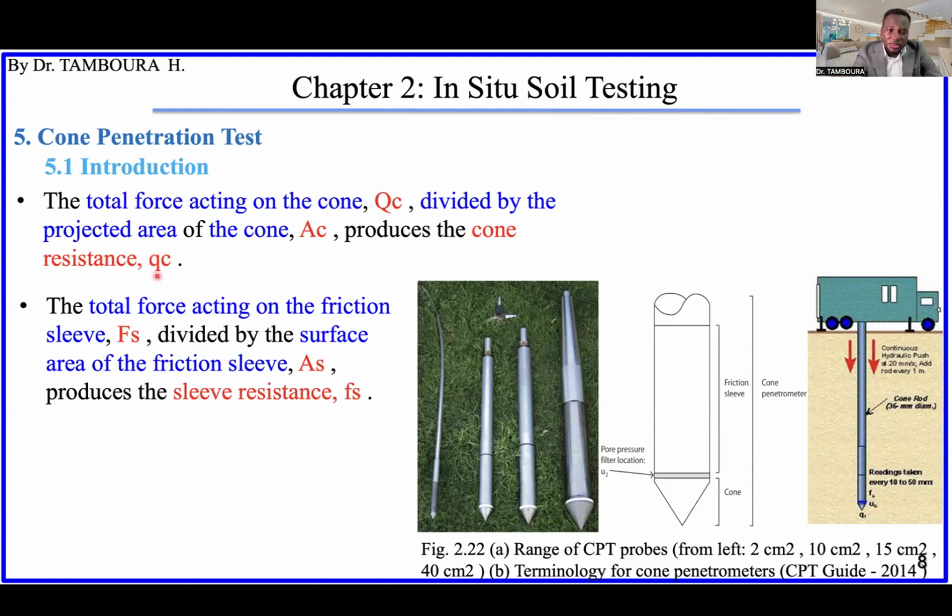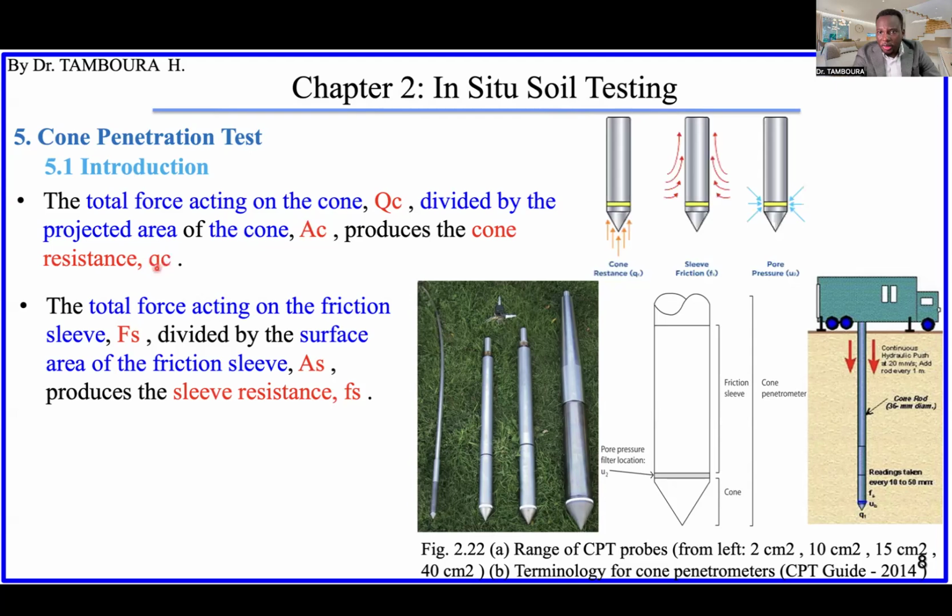You can see this one is a small q, in pressure units like kilopascal or pascal, mostly kilopascal, and here it is kilonewton. So the force divided by the cone area gives us qc.